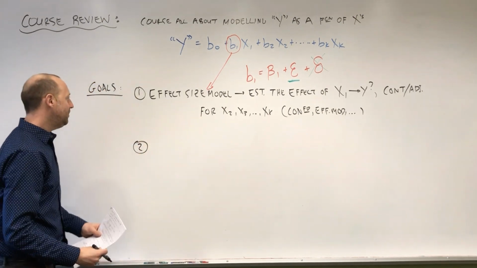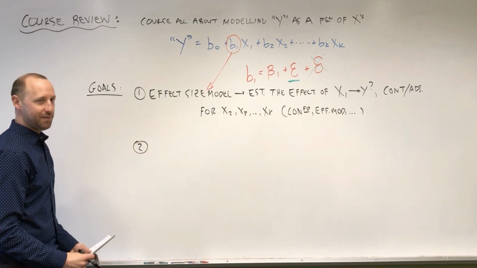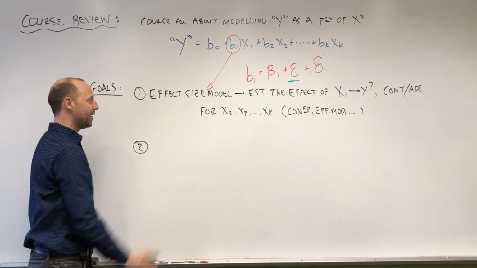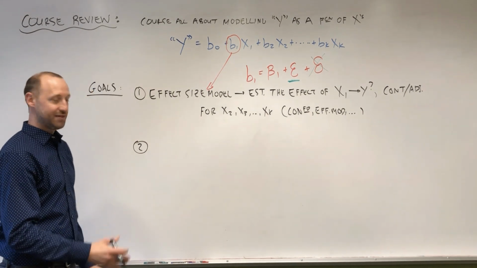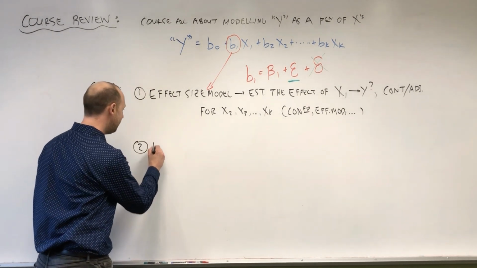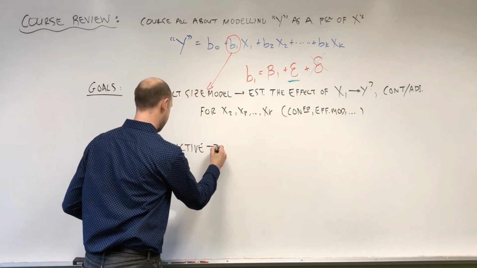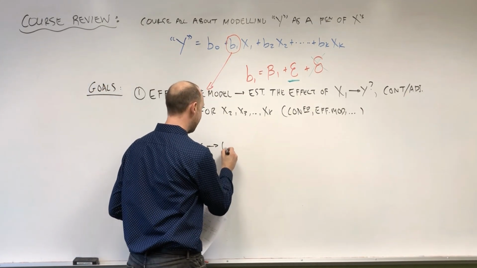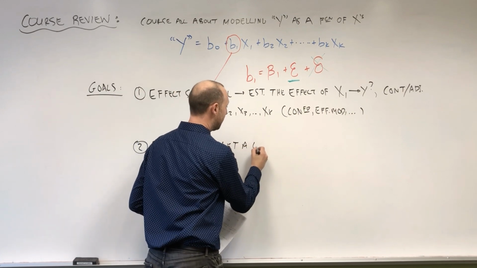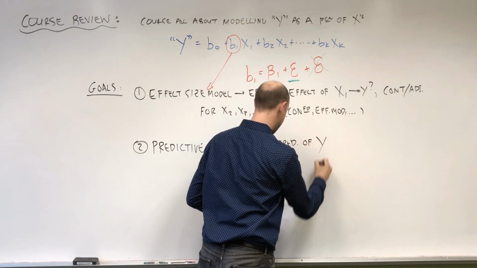The second goal, and this got relatively much less time in our course, because we really focused on trying to estimate the effect of some variable on an outcome. But we also did talk a little bit about the idea of predictive models. These are where we're trying to get a good prediction of that y variable.